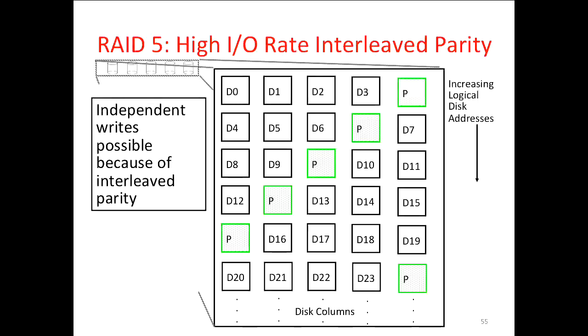And so now you've balanced the load of doing the reads and the writes across all the disks, and so you get higher throughput this way. Instead of having one disk be the bottleneck, because every read and every write has to go there, you stripe the parity blocks across all the disks. And this is RAID 5, and this is a standard thing everybody uses.